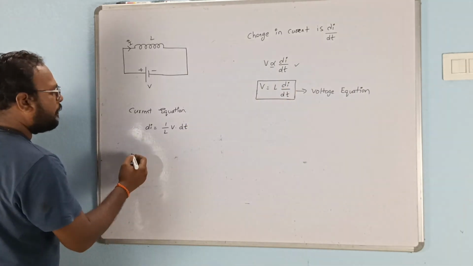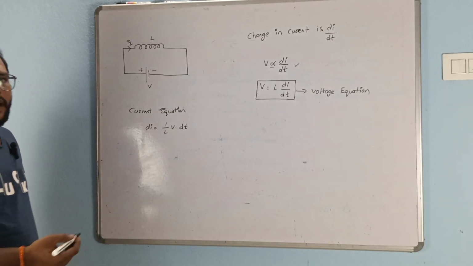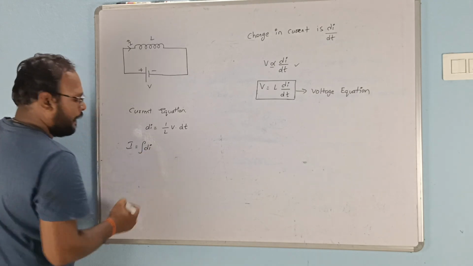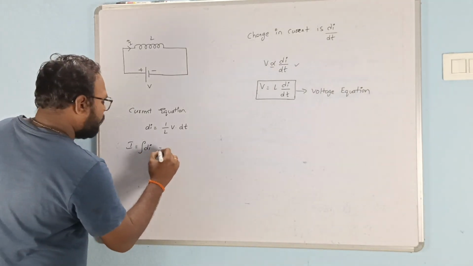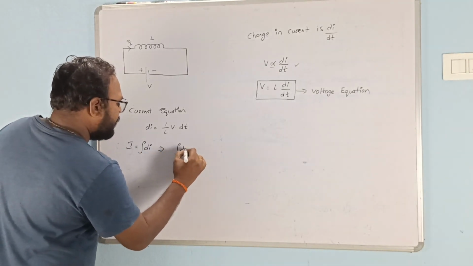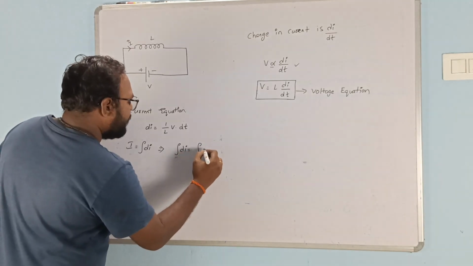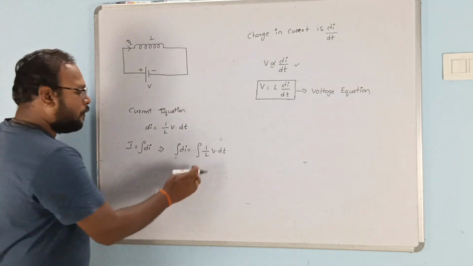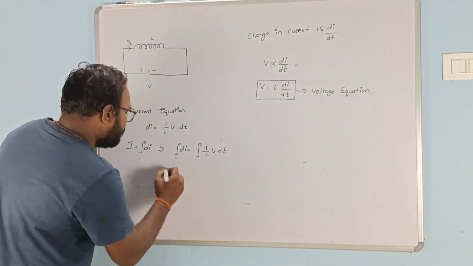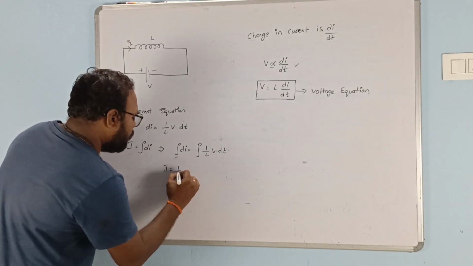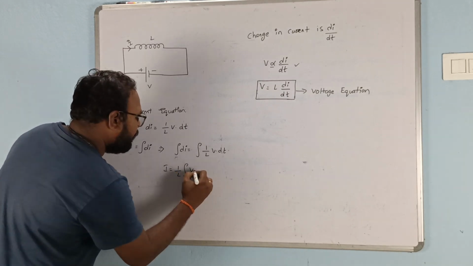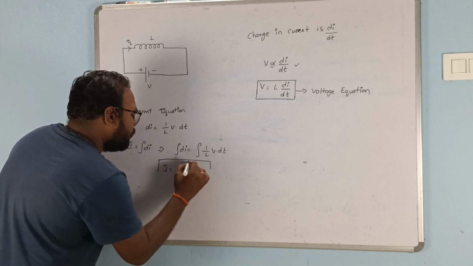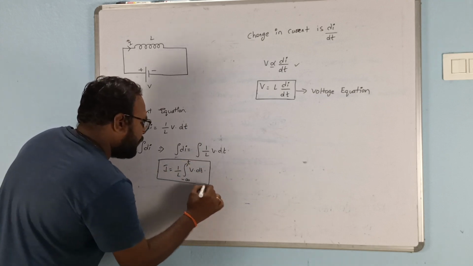Then I equals the integration of di, so the integration of di equals the integration of 1 by L V into dt. Here 1 by L is constant, so I equals 1 by L integral of V into dt, from minus infinity to t. This is the current equation.